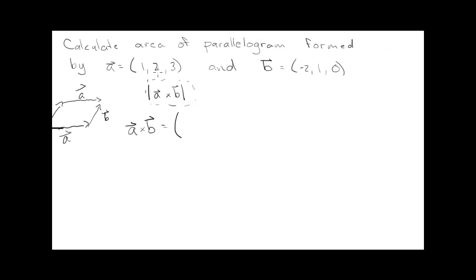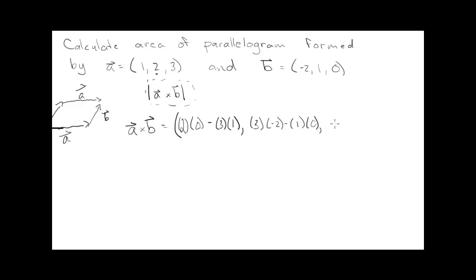If you remember the formula, it's equal to A2 times B3 minus A3 times B2, so that's your x component, and your y component would be A3 times B1 minus A1 B3.